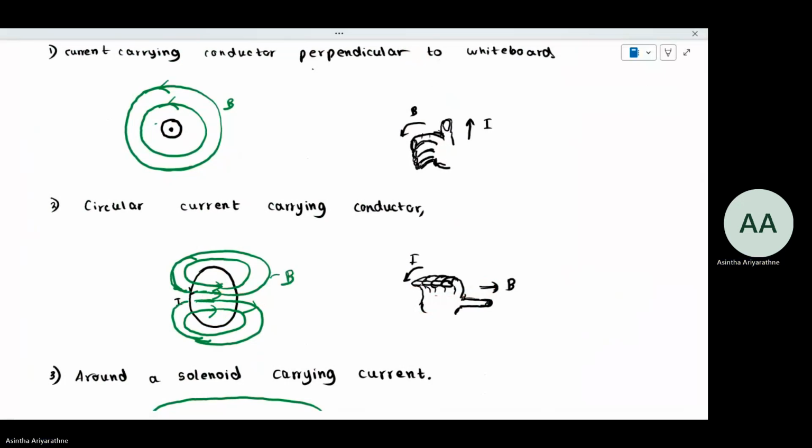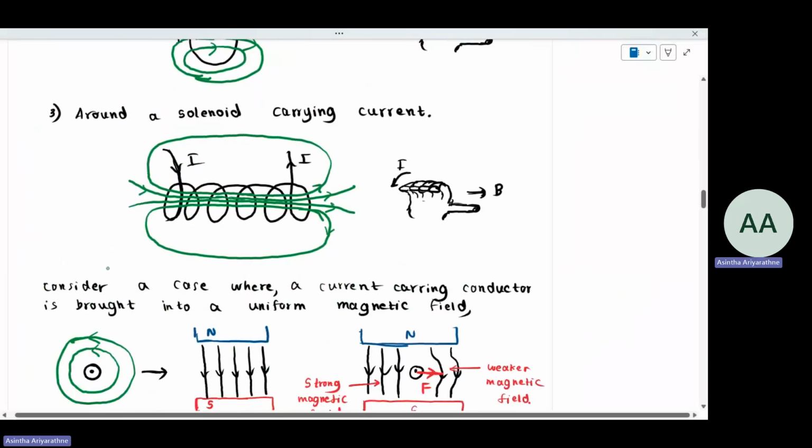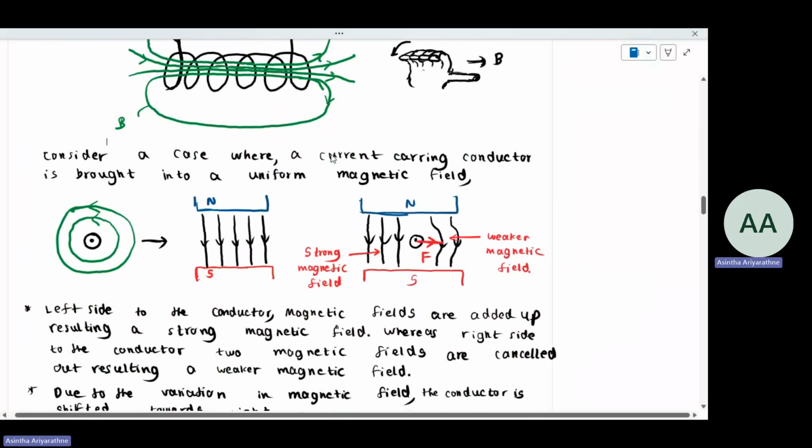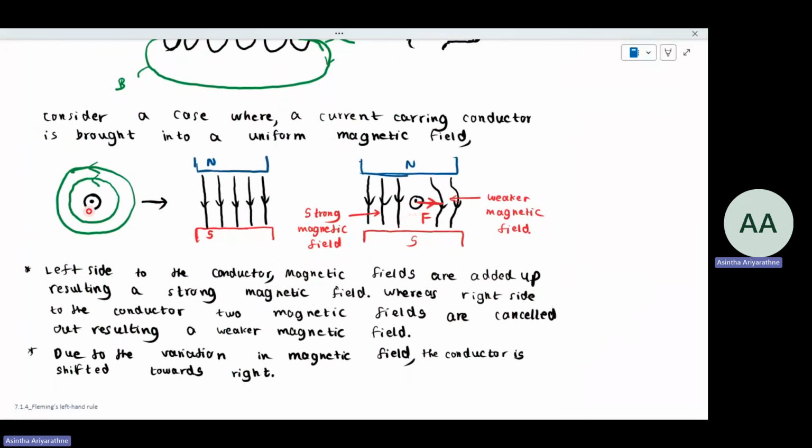This is the magnetic field. Here also it is the same. We point our forefinger in the direction of current, which is clockwise, so the magnetic field is towards the left. This force is generated due to the interaction between those two magnetic fields.